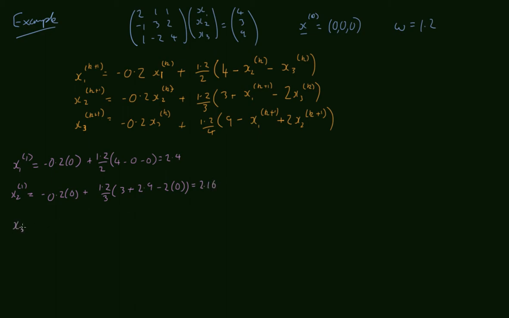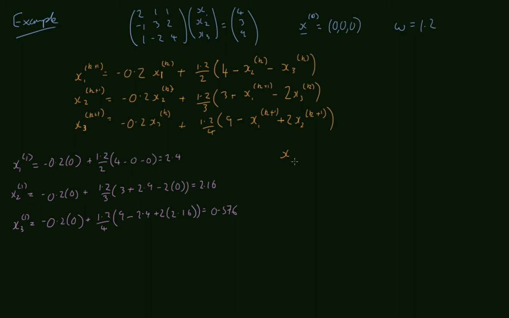And finally, the third unknown, again minus 0.2 times x3, which is currently 0, plus 1.2 over 4, 9 minus our new value of x1, which is 2.4, plus 2 lots of our new value of x2, which gives us 0.576. Okay, so that's the first iteration done.